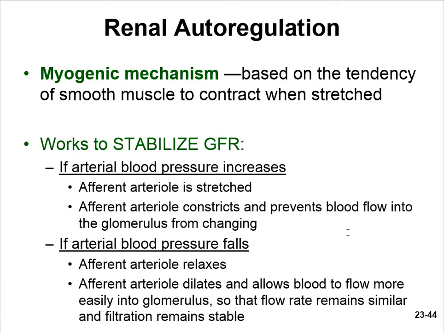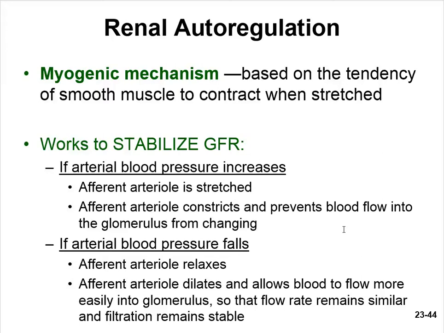The myogenic mechanism is all about stabilizing the GFR. It's based on the tendency of smooth muscle to contract when it's stretched. So if the arterial blood pressure increases, the afferent arteriole is stretched, and then the afferent arteriole constricts and prevents blood flow into the glomerulus from changing.